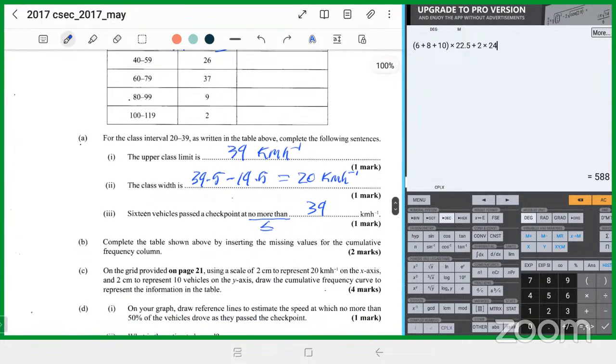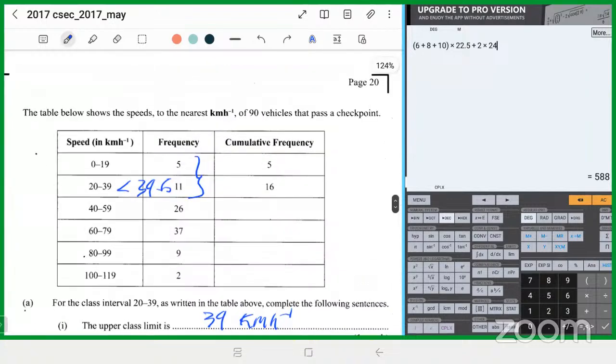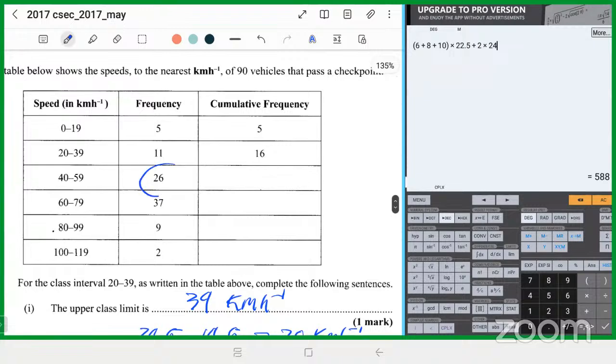All right. Next one. It says complete the table by inserting the missing values for the cumulative frequency column, and then I want us to draw the graph here. Let's just complete the column by adding up the frequency now. So we add 26 to this. So it's 16 plus 26. How that work out to? 42.